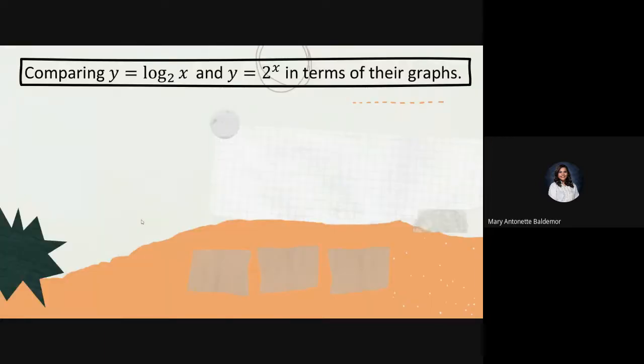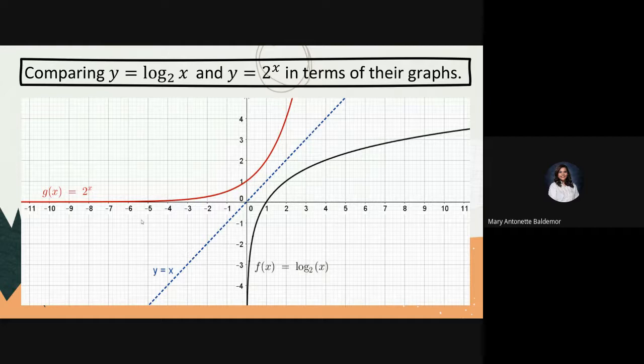Now let's compare it to the exponential function y equals 2 raised to x. Comparing y equals the logarithm of x with base 2 and y equals 2 raised to x in terms of their graphs, this is how it looks.